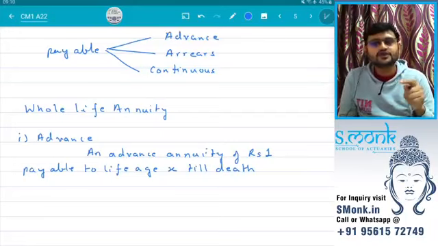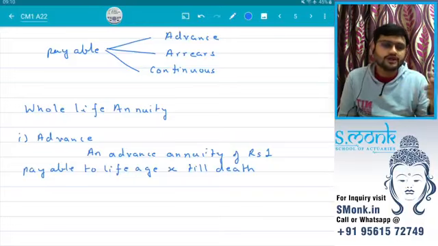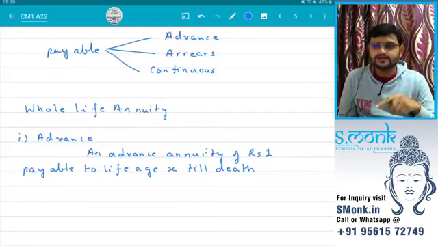In assurance, the payment is given only on death, either immediately on death or at the end of the year of death. So there was only one payment for one policyholder. But here we have multiple payments.